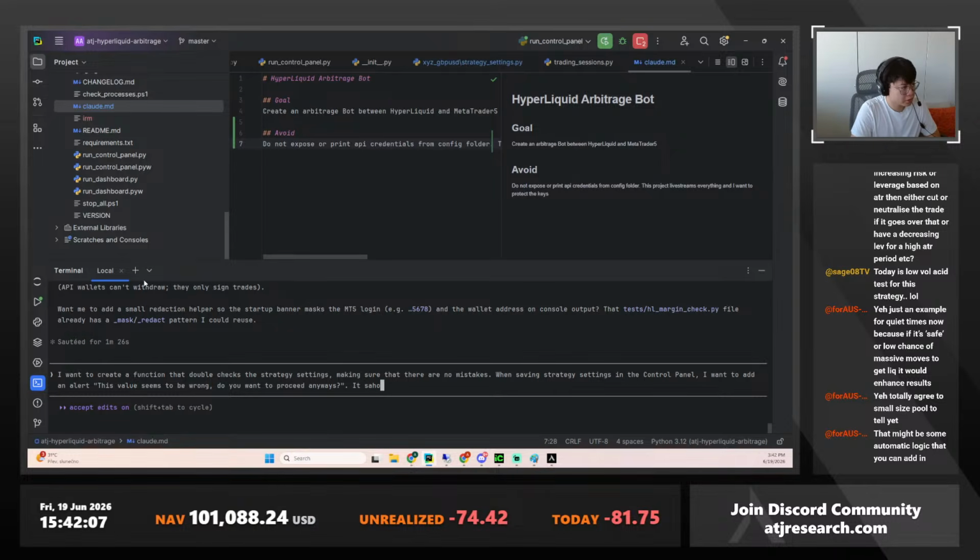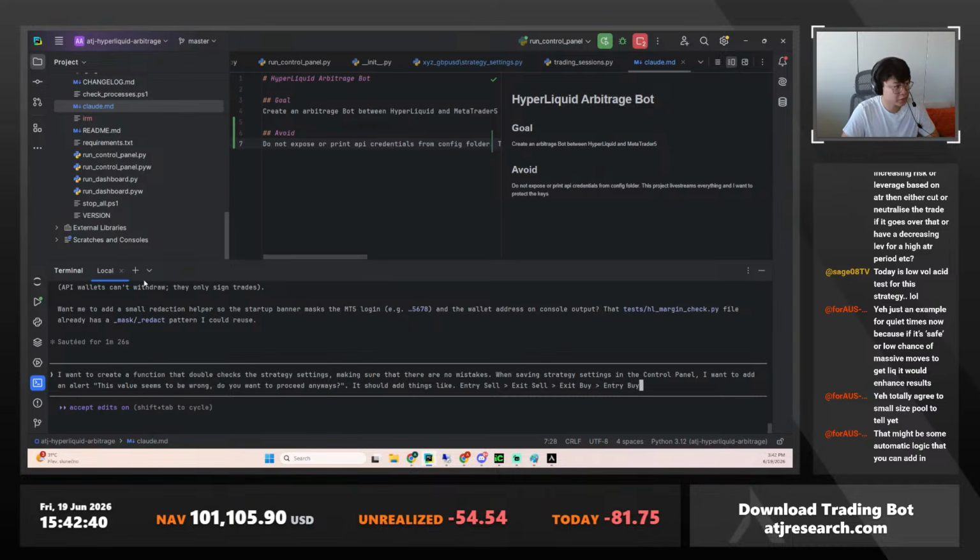It should add things like entry sell must always be higher than exit sell, which must be higher than exit buy, which must be higher than entry buy, right?